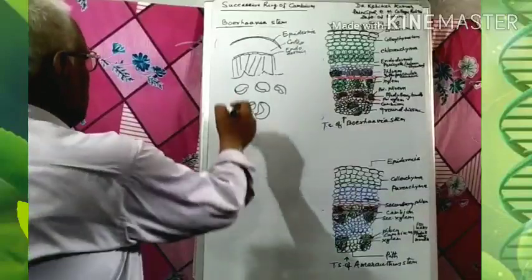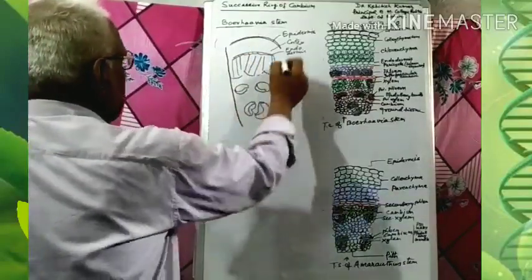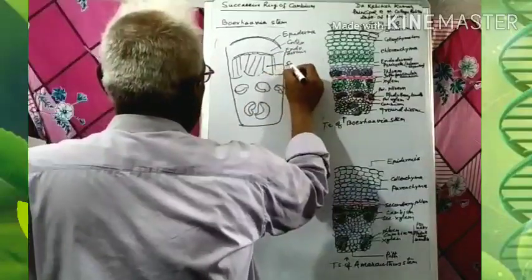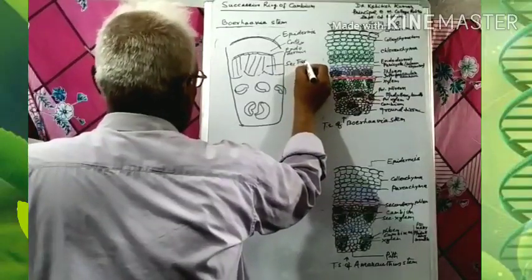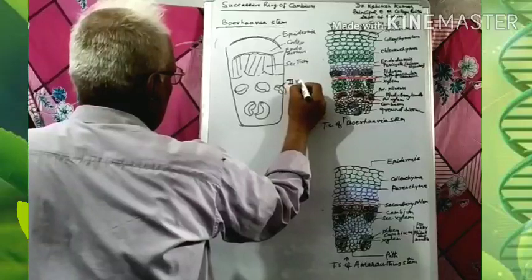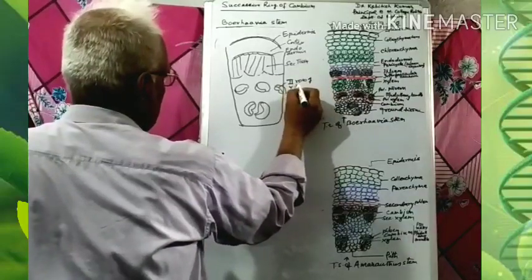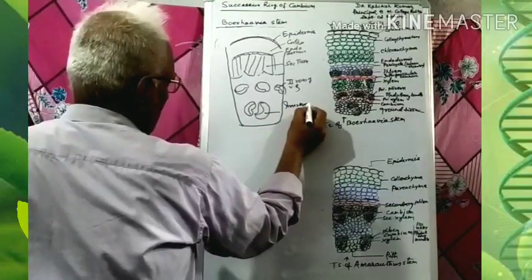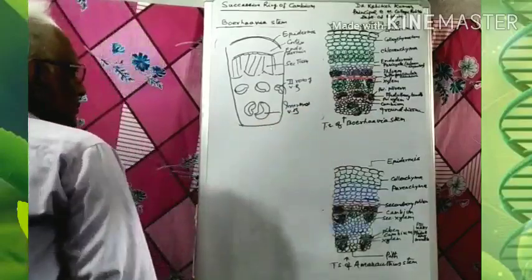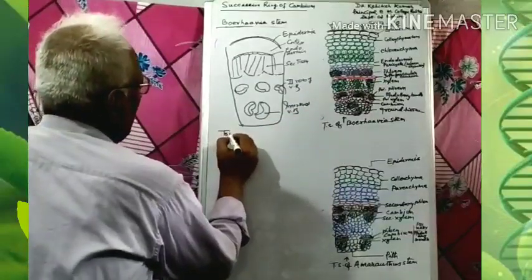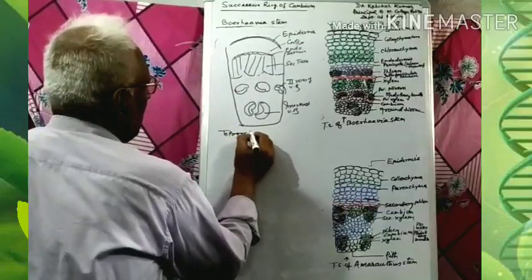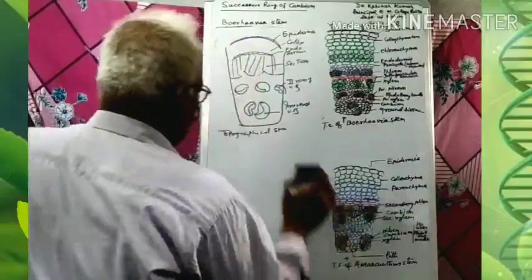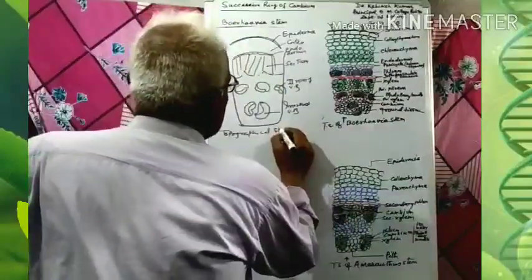So actually this is formed. This is secondary tissue. This is the second row of VB. This is the innermost vascular bundle. So this is the topographical structure.